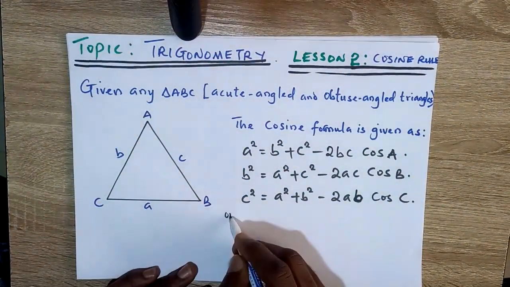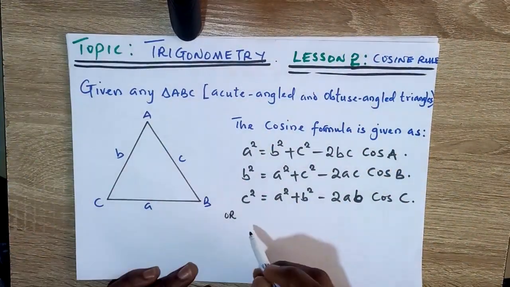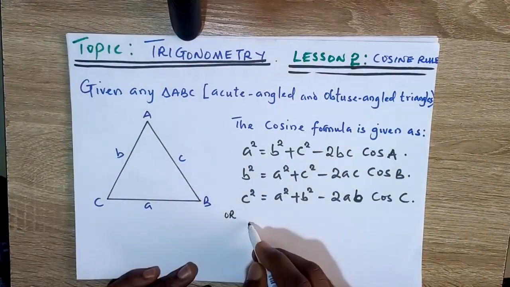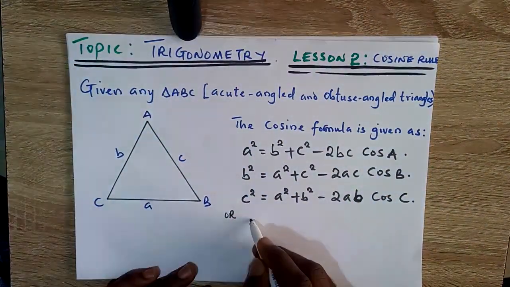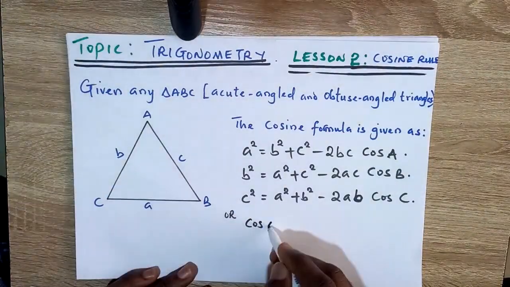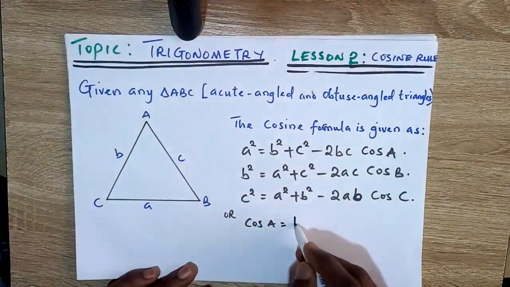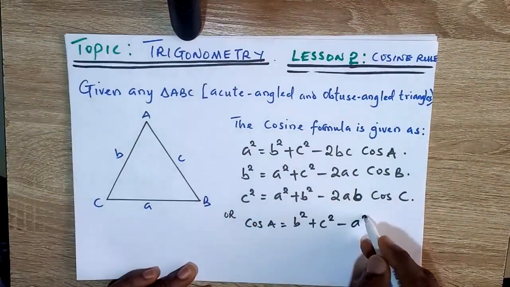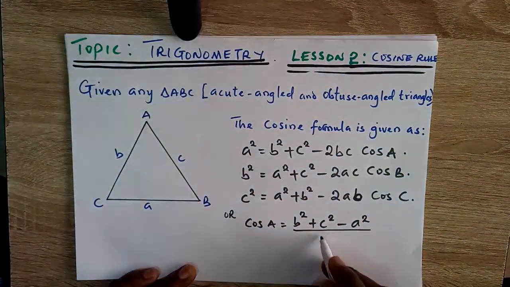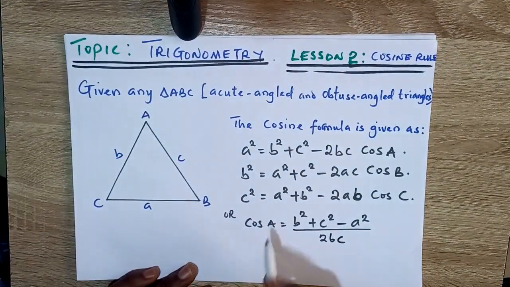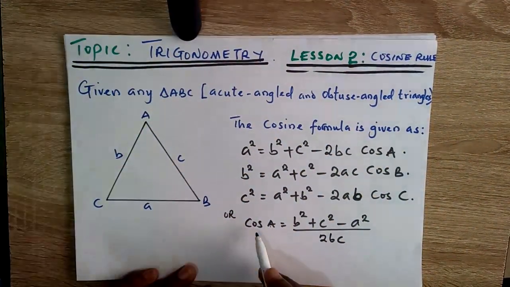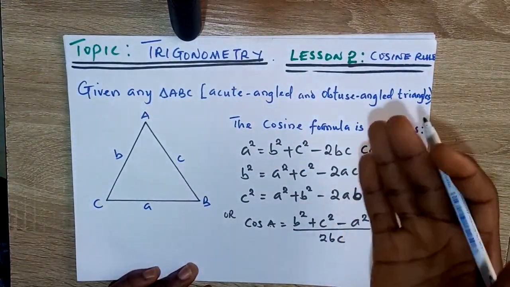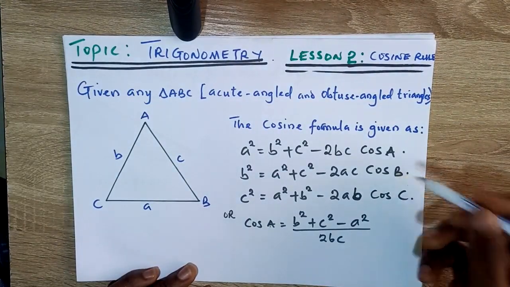That means we can rewrite the cosine formula for calculating the angle as cos A equals b squared plus c squared minus a squared, all divided by 2bc. Then our A is the arc cos, or the inverse of the cosine, of this whole thing. We obtain this by a very simple change of subject of the formula.